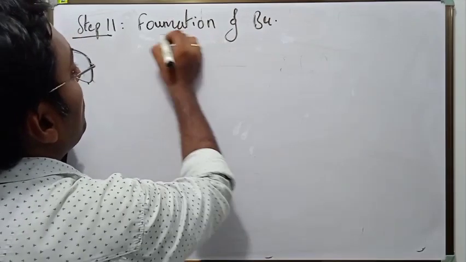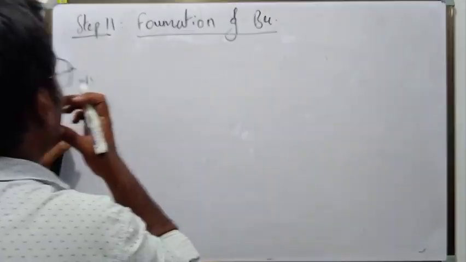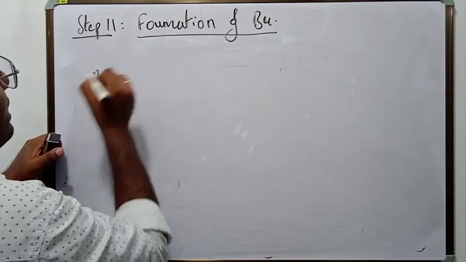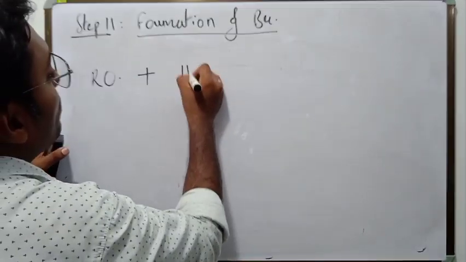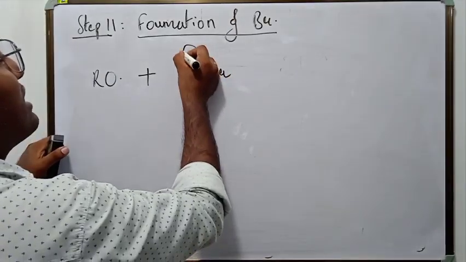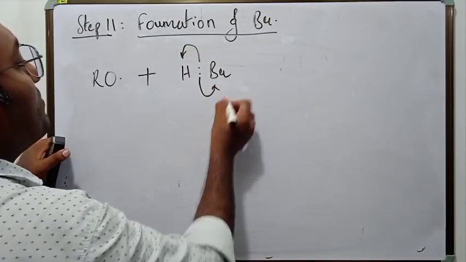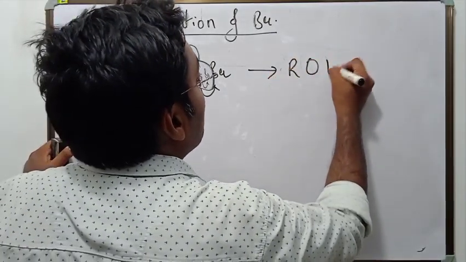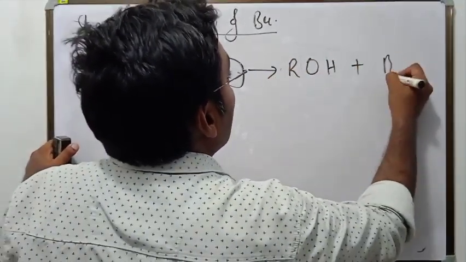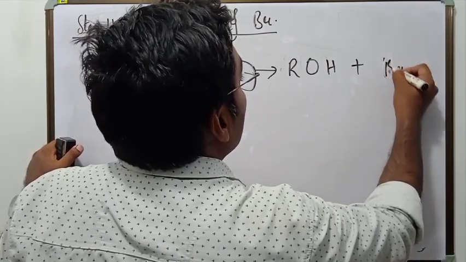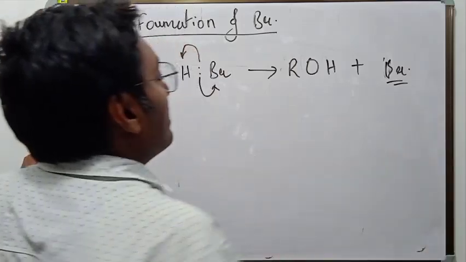You can write the full form; I have written just this. Now our peroxide radical needs 1 more electron. It takes that electron from H and becomes ROH, and we get a bromine free radical.